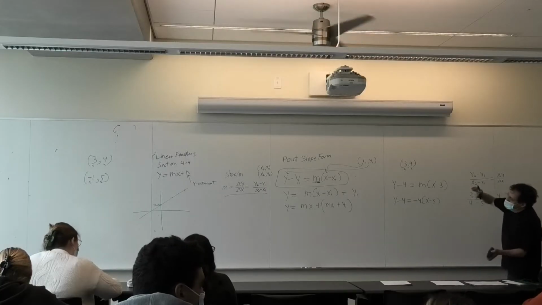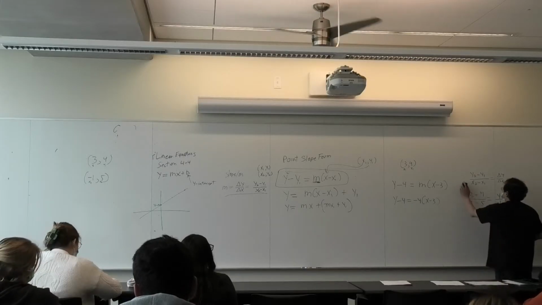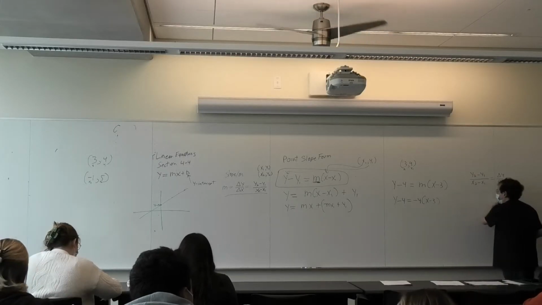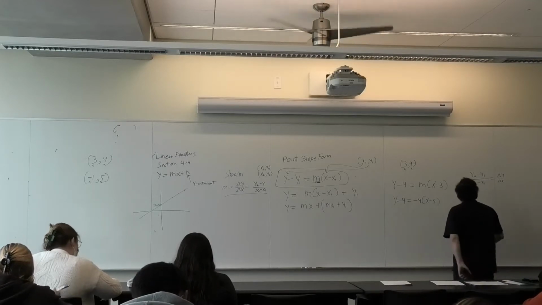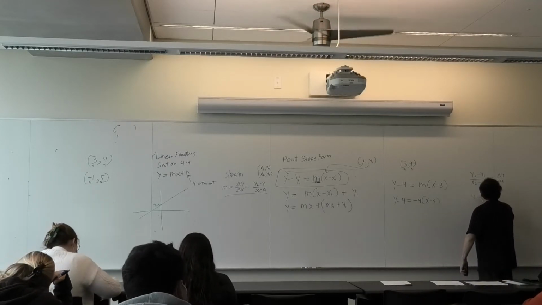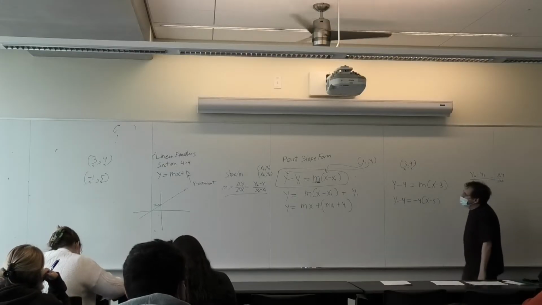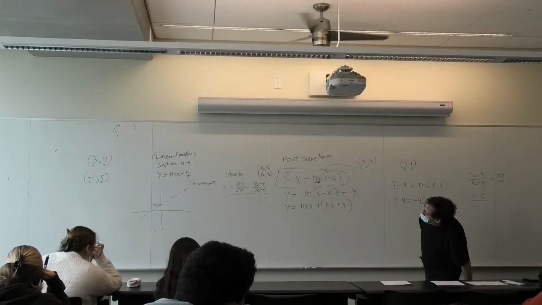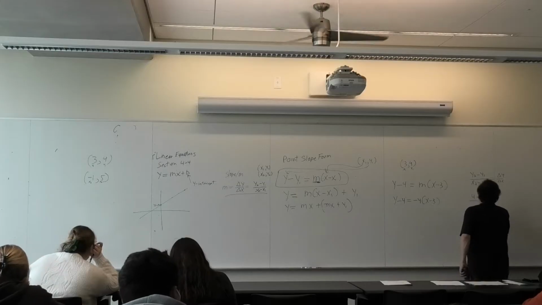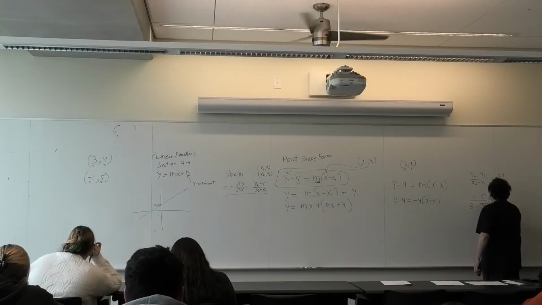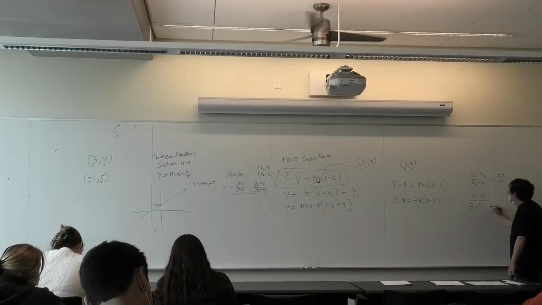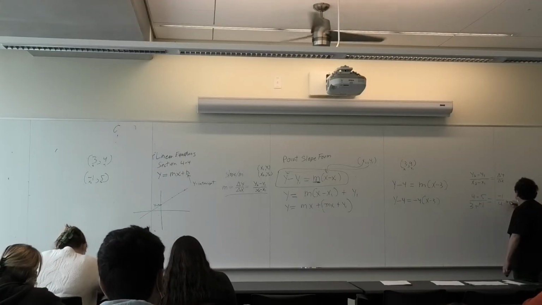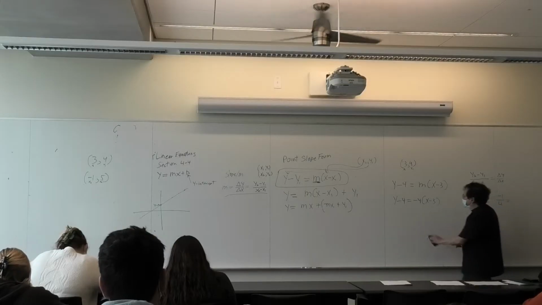I'm looking over here and getting these wrong. Thank you. The y's are 4 and 5. The x's are 3 and minus 1. So it's minus 1 over 4, or minus 1/4.